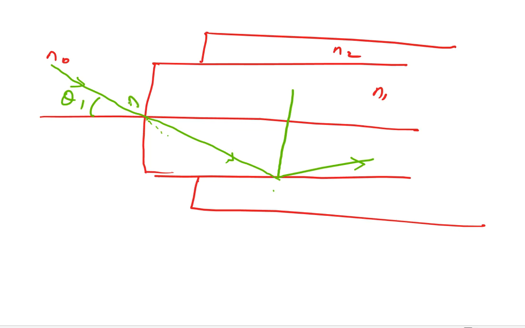Let us mark the point A, and inside the core-cladding, B, and let this point be C. Now θ1 is the angle of incidence in the air-core interface, and the angle of refraction, let it be θ2, and inside, the angle of incidence between the core and the cladding, let us take θ. So using this diagram, we are going to derive the numerical aperture and acceptance angle.